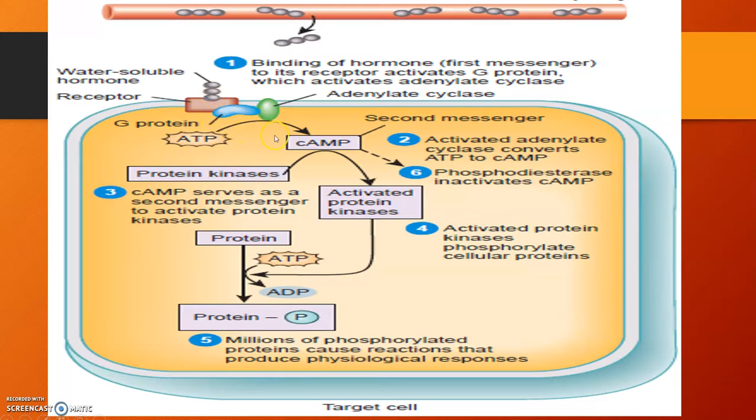This G protein activation in turn activates the second messenger. This second messenger, cAMP, in turn activates the protein kinases. These activated protein kinases phosphorylate cellular proteins. These phosphorylated proteins then cause reactions that produce physiological responses.